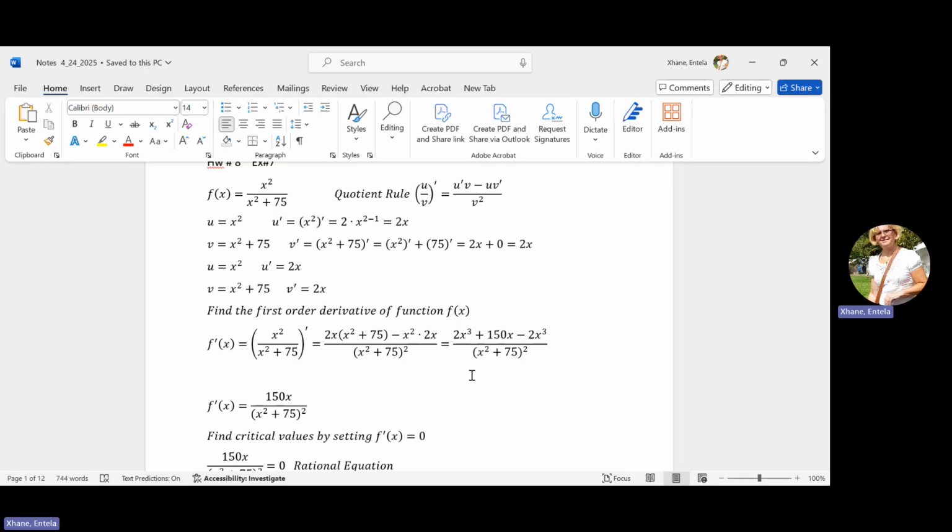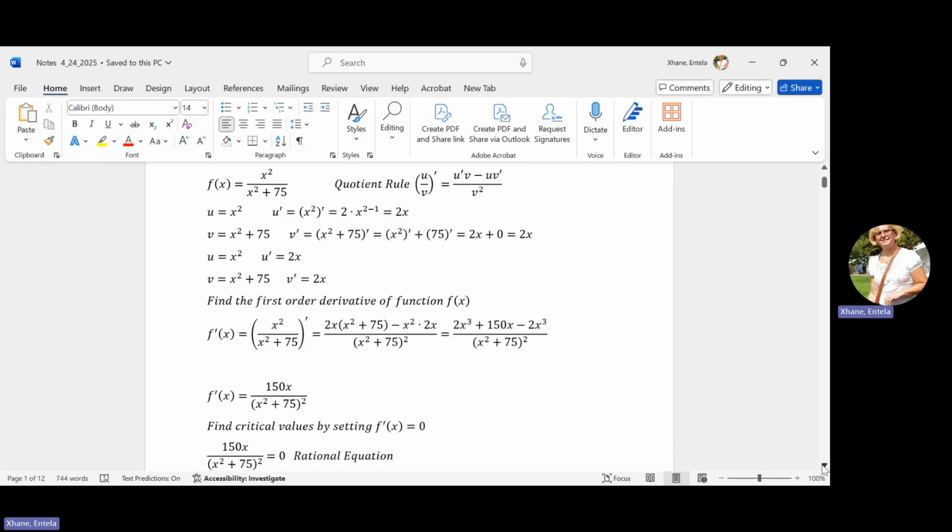Distribute 2x over x squared plus 75, we get 2x times x squared, 2x to the third, plus 2x times 75, 150x, and then minus x squared times 2x is minus 2x to the third. And 2x to the third and minus 2x to the third cancel each other out. So we have 150x over (x squared plus 75) squared.